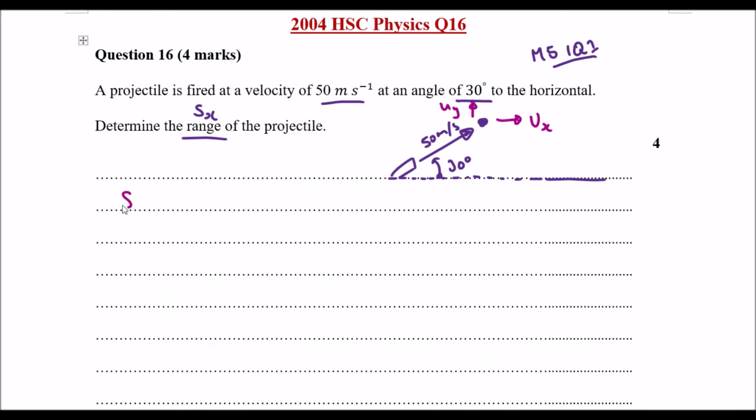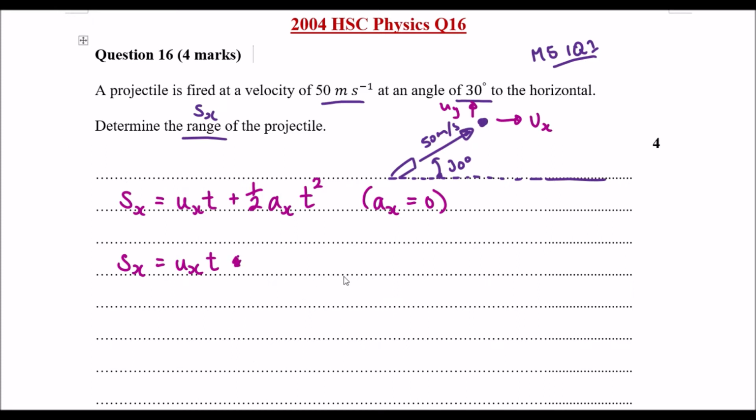To find the range, we're going to use the following kinematics equation: uxt plus half axt squared. Remember what I said before, that because there's no air resistance, or at least the questions we talk about don't involve air resistance, acceleration in the x component is 0. And so we have Sx equals to the following.